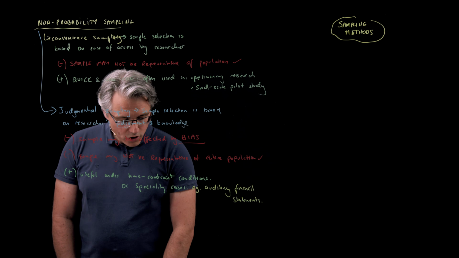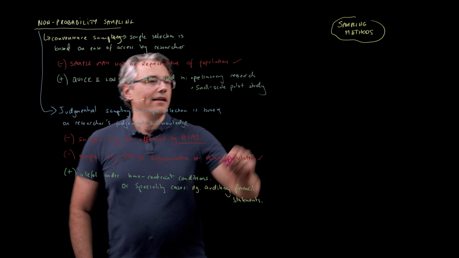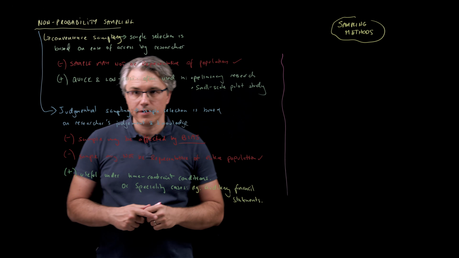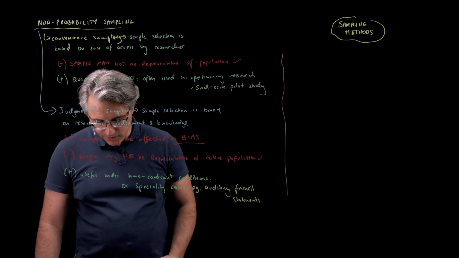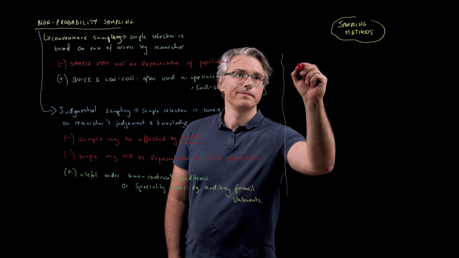Right, one more comment here, and then we're finished with this topic. It's not going to have anything to do with non-probability sampling. It's going to be more of a universal comment, and it's very important.